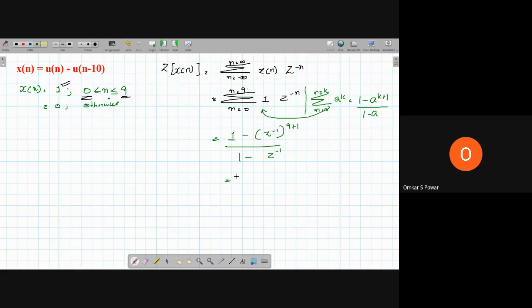Further, 9 plus 1 is 10. So 1 minus z to the power of minus 10 divided by 1 minus z to the power of minus 1. Let me multiply the numerator by z to the power of 10 and divide the denominator by z to the power of 10. Okay.